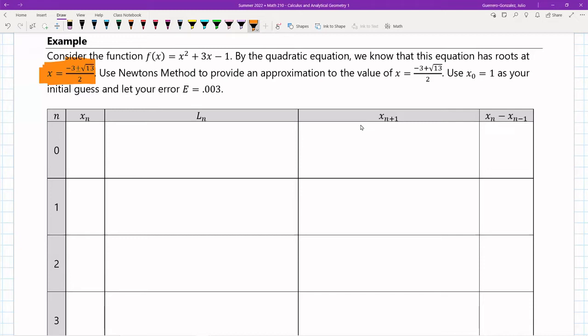What I'm going to do is provide an approximation to this value. That x sub 0 value, the x naught value, we're going to start at 1, and that's going to be our initial guess. And we're going to let our error be 0.003. So we're going to stop once the difference in the two values is less than 0.003.